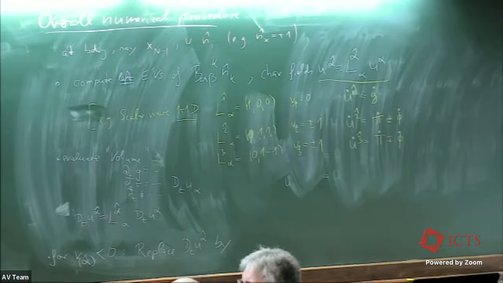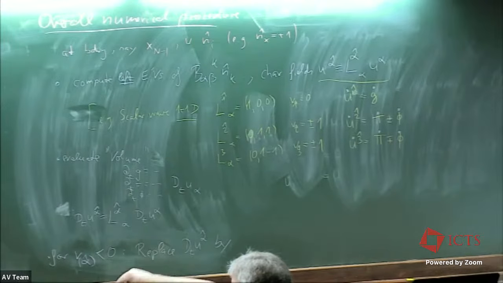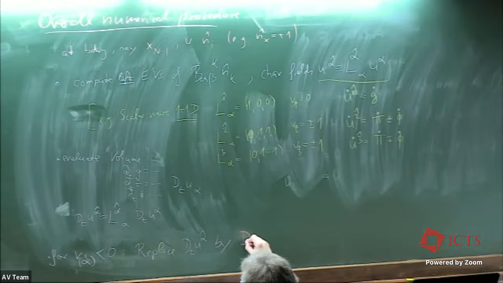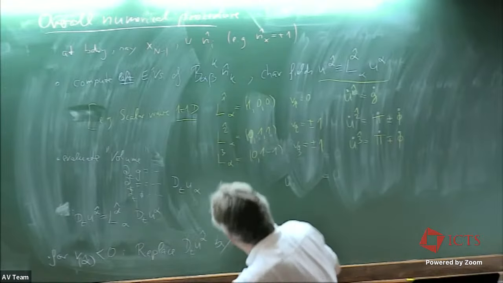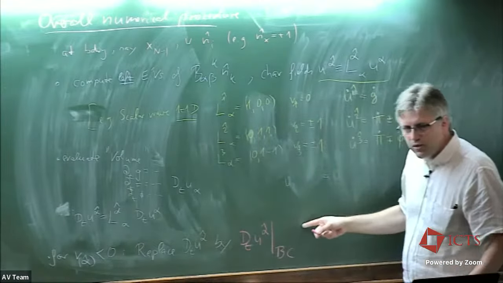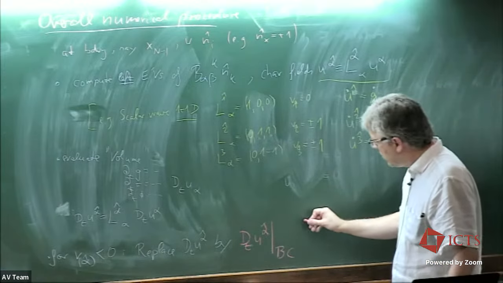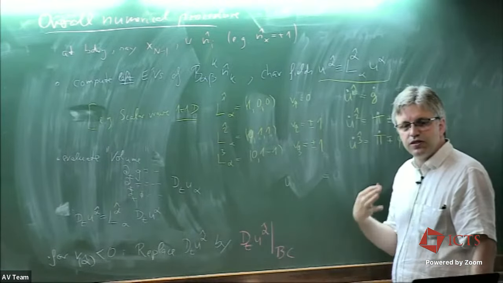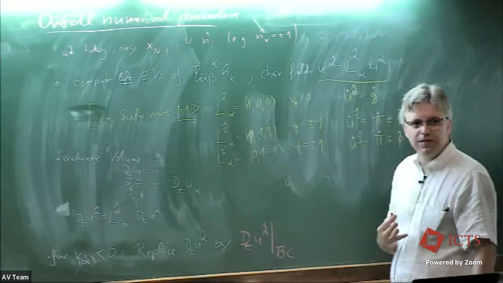This is an incoming mode. It needs simply to be told what it is. So we are replacing it by something we have the freedom to choose ourselves. So this is our user choice, or it's dictated by the physics of the problem.